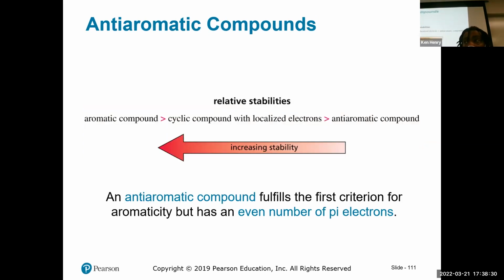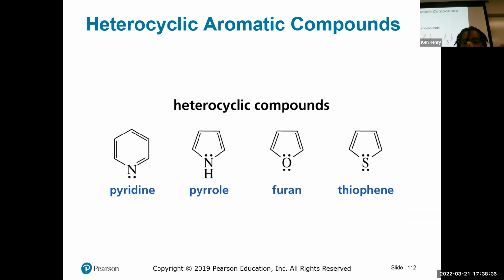Okay, so how are you guys feeling so far? Now let's change that definition a little bit, because we've been associating aromatic with just the benzene ring. Well, these are called heterocyclic aromatic compounds. So they're heterocyclic. Why do you think they're called heterocyclic?